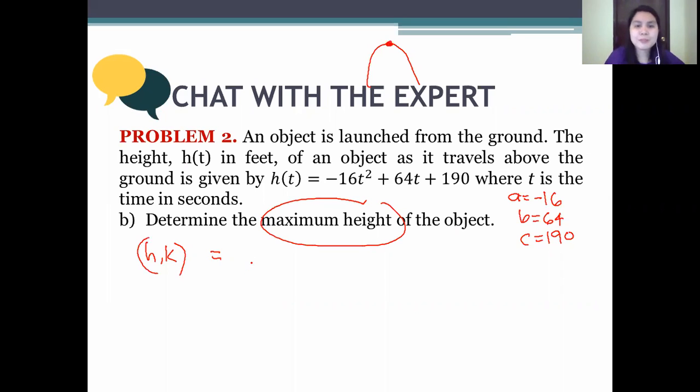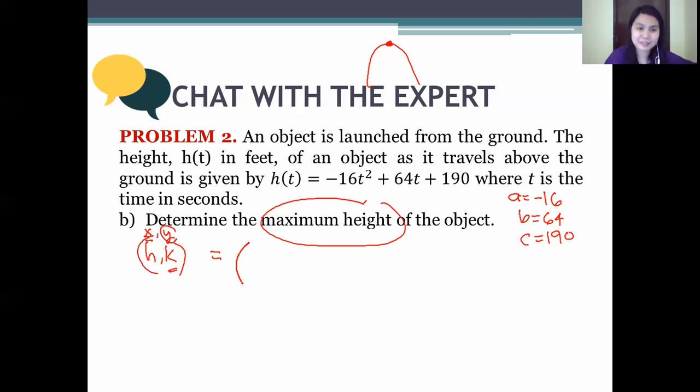Now, you might ask me, ma'am, can I only solve for h or for k alone? Yes, no problem. If this is x and y, x will be your time and y will be your maximum height. So it's okay to solve for k alone, no problem. But for me to show it, I'll solve h and k.